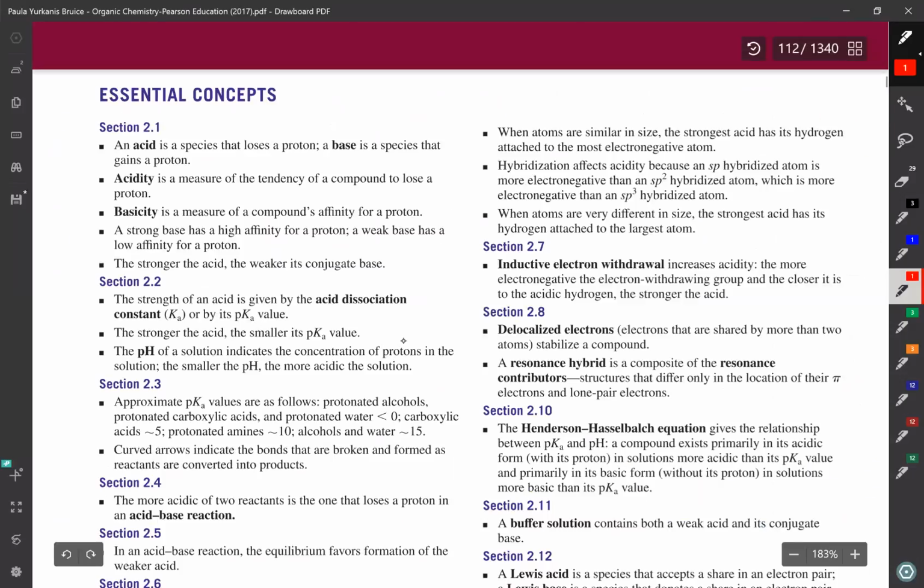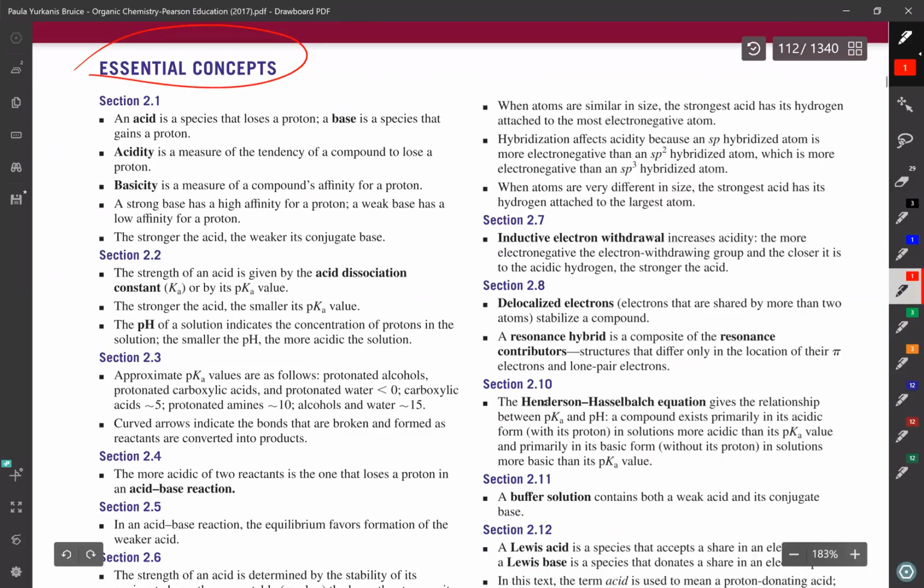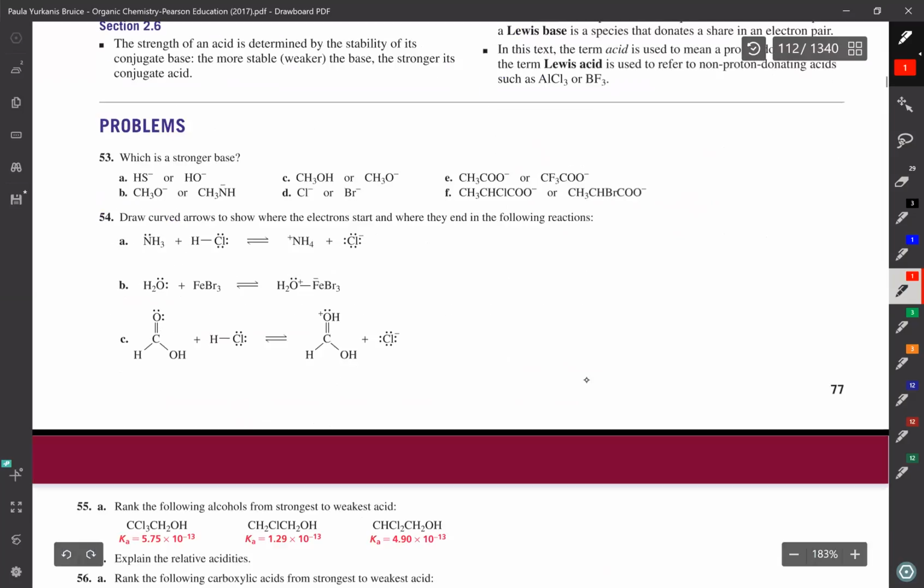I like your textbook because those who have this kind of copy usually have what they call the essential concepts, things you can quickly go through to remember stuff. In chapter 2, first and foremost, you need to be able to determine which acid is stronger than which.